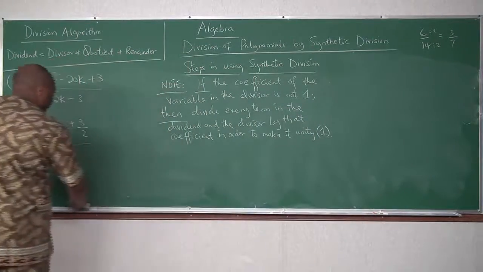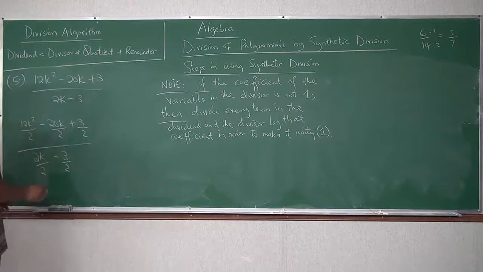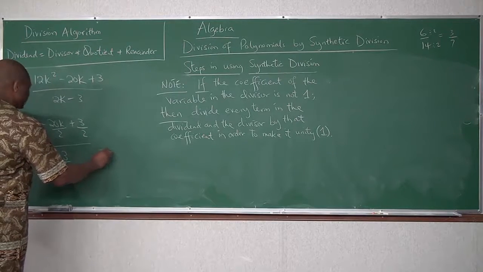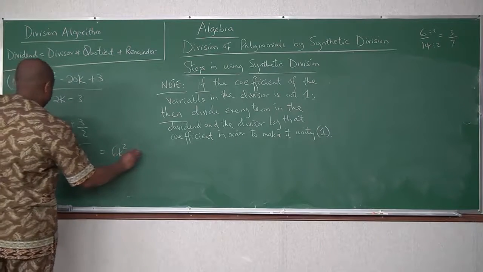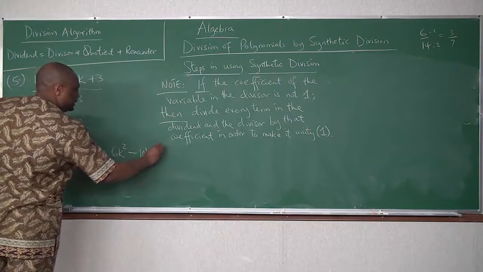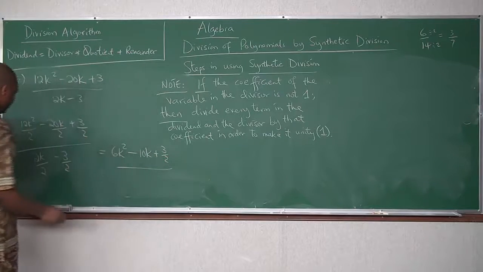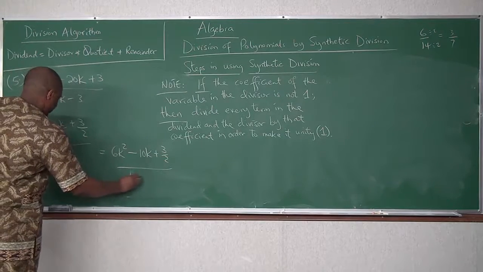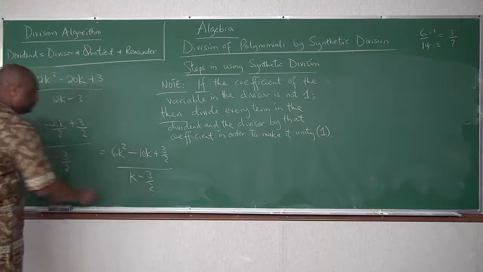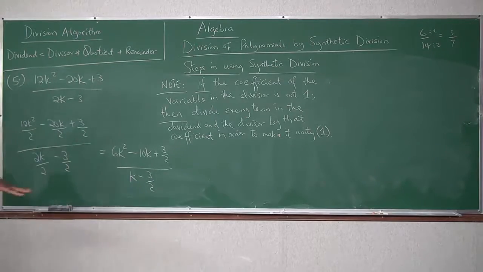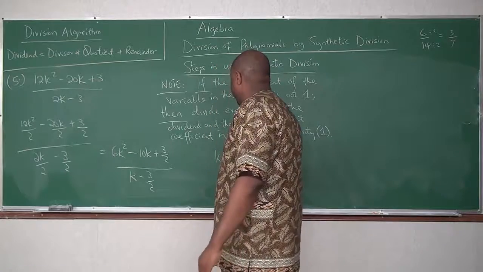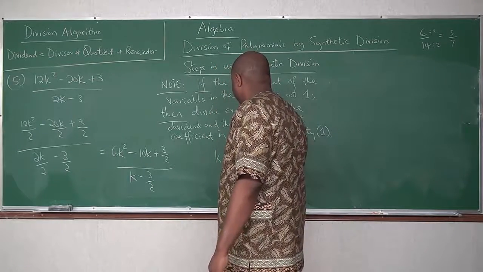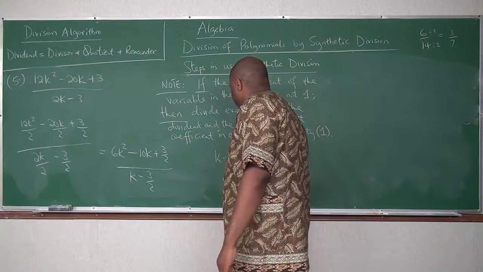Now we have 6k squared minus 10k plus 3 over 2, all over k minus 3 over 2. Then we can now use our synthetic division. So k minus 3 over 2 equal to 0, k will be 3 over 2.